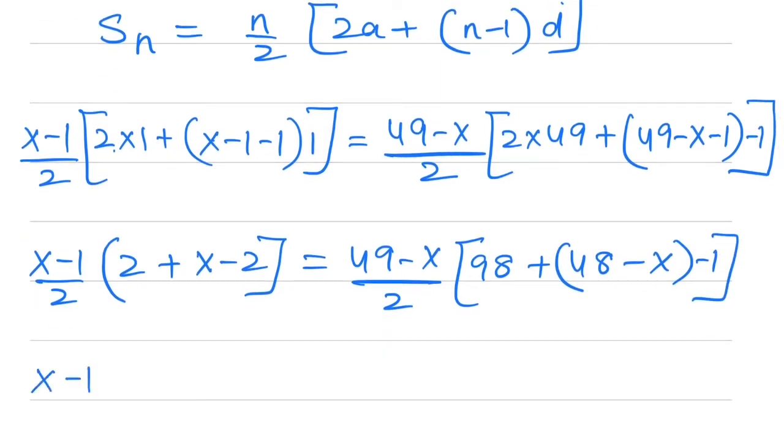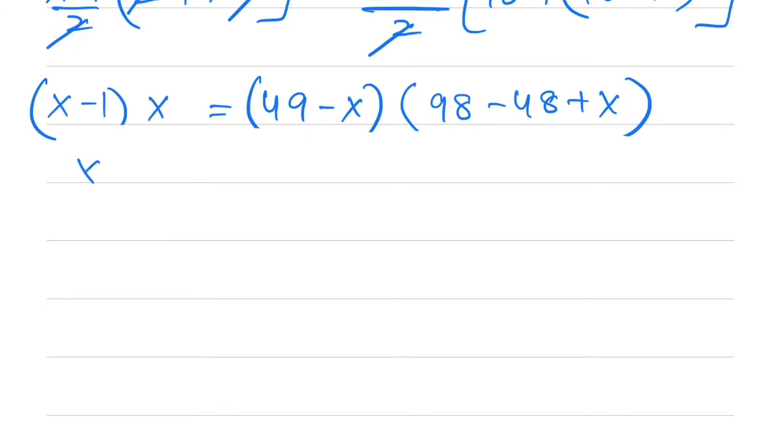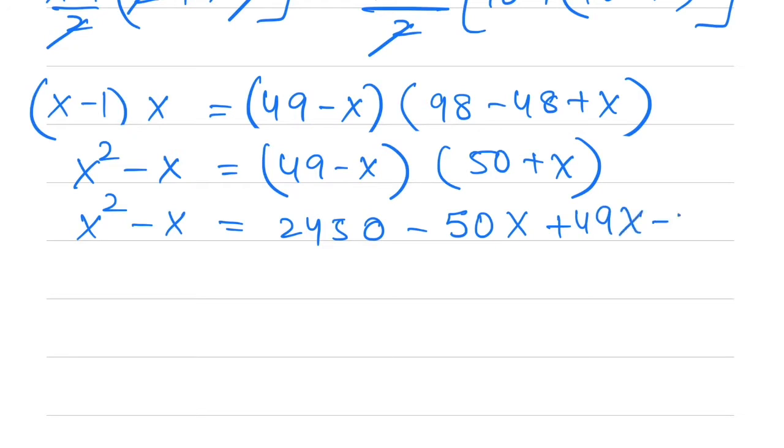Then we have X minus 1, and this 2 can get cancelled here, so this 2 and this 2 also get cancelled, into X is equal to 49 minus X into 98 minus 48 plus X. Here we have X square minus X is equal to 49 minus X into 50 plus X. So X square minus X is equal to 2450 minus 50X plus 49X minus X square.